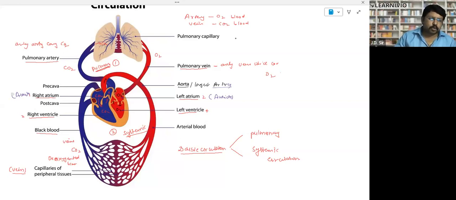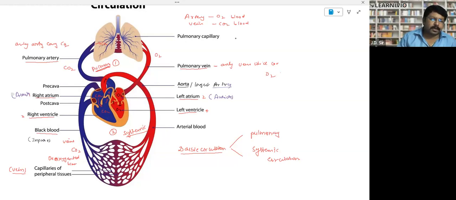Fine. So what happened? These are the tissues of our body, the peripheral tissues, where capillaries are spread everywhere. From these tissues, capillaries bring the deoxygenated blood, or the blood with carbon dioxide. This blood is sometimes called black blood, but rather than black blood, I would like to call it impure blood, right?